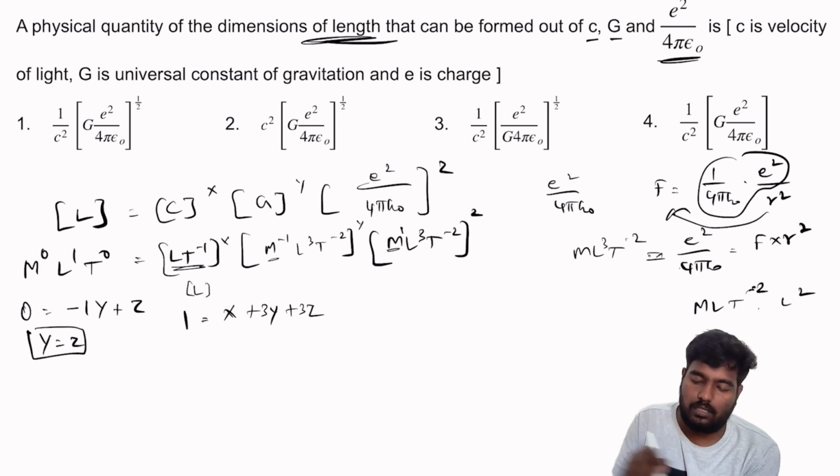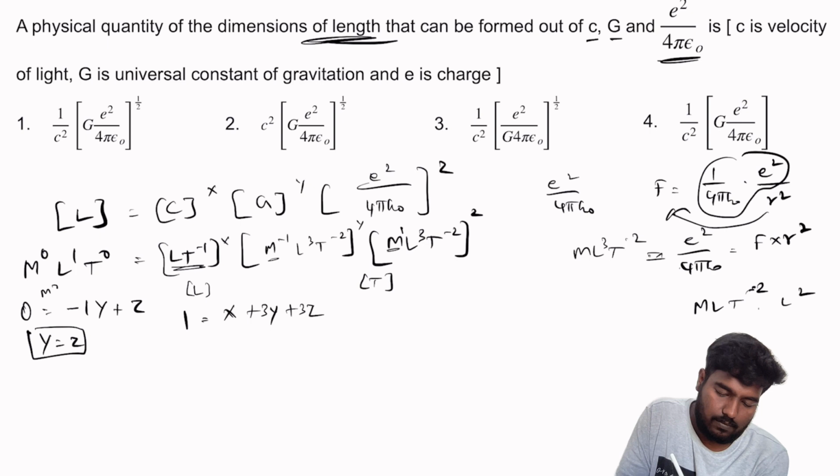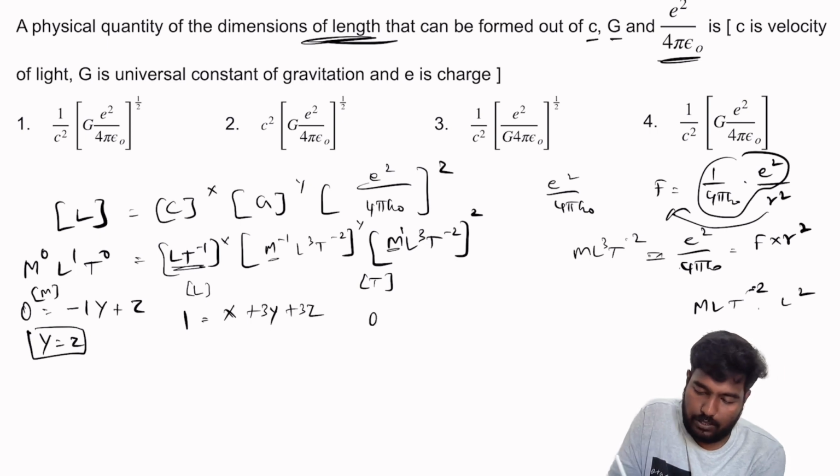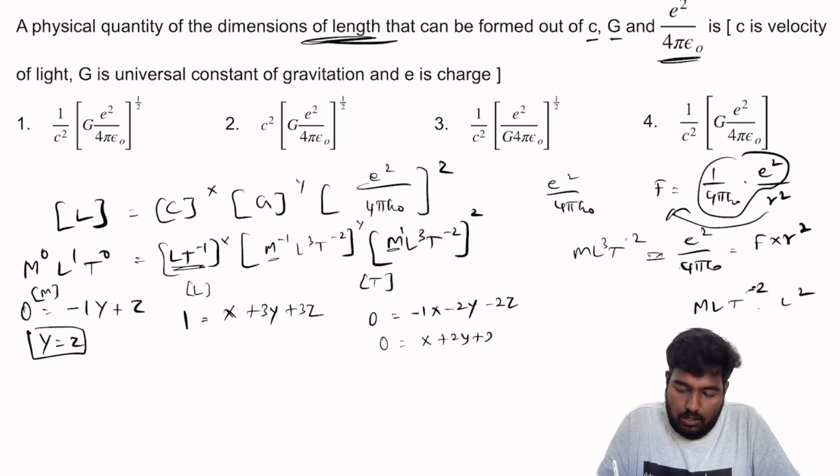Okay, let's keep this equation and then let's equate t. So this side t power 0 is equal to minus 1x minus 2y minus 2z. So you will have 0 equal to x plus 2y plus 2z.